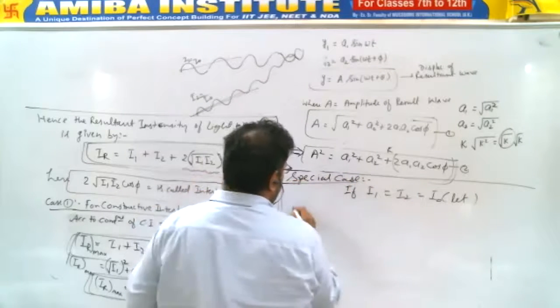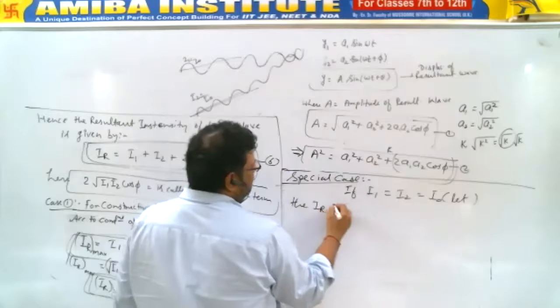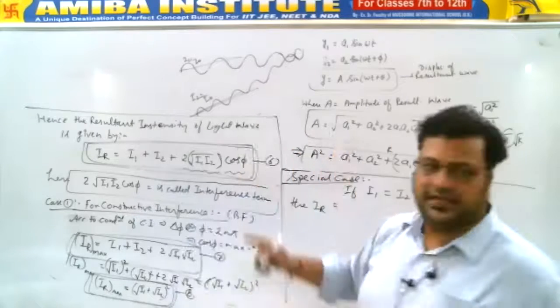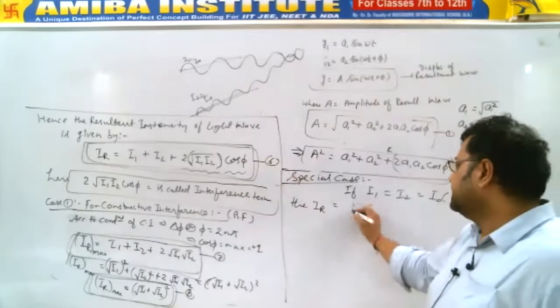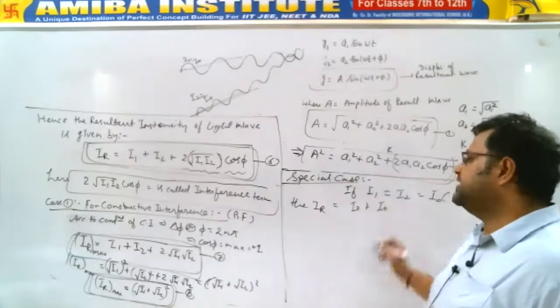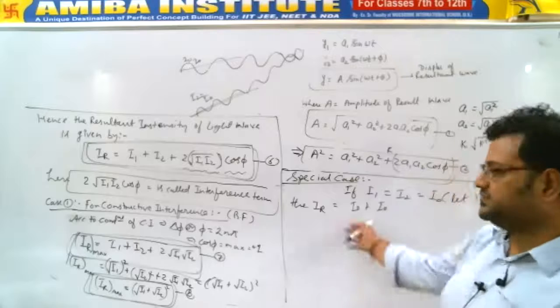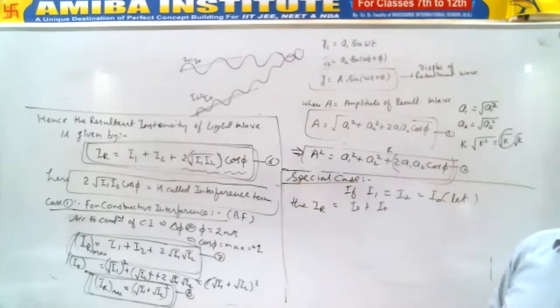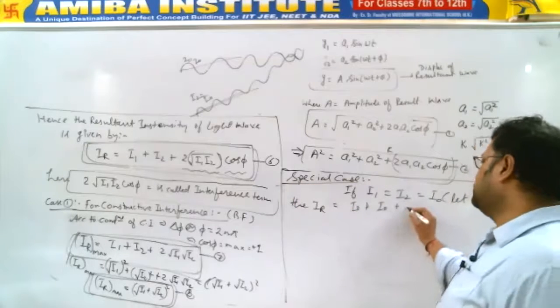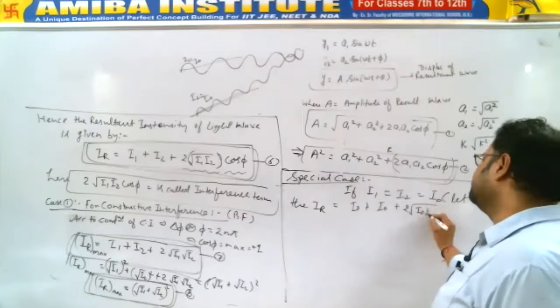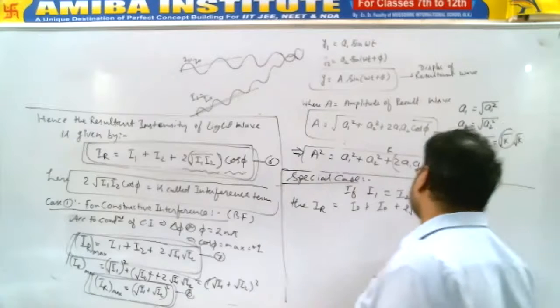Special case. Then in general, the resultant intensity should be given as follows, because this question has come many times in various examinations, NEET and JEE. So that's why I'm doing that. I naught plus I naught plus 2 under root I naught squared cos phi.